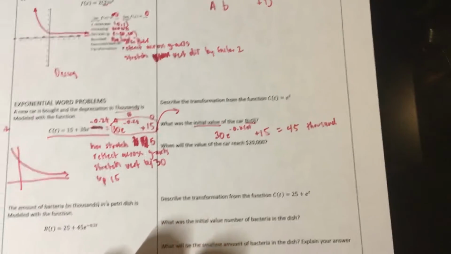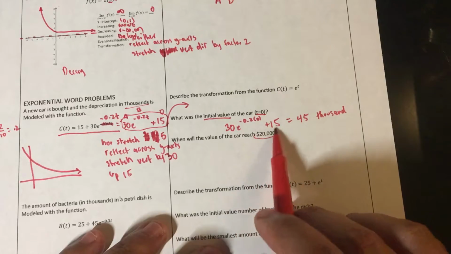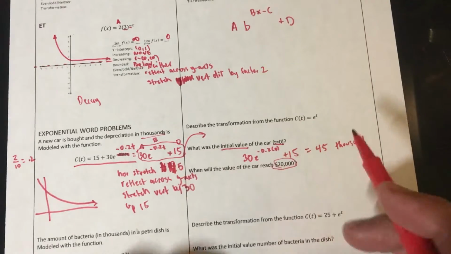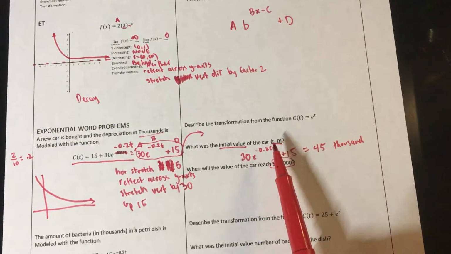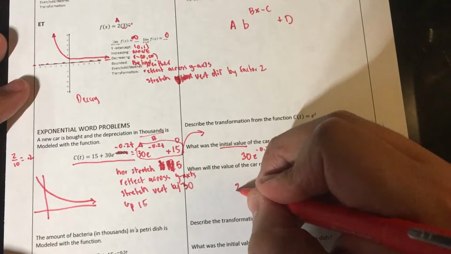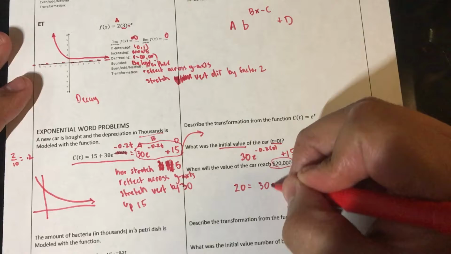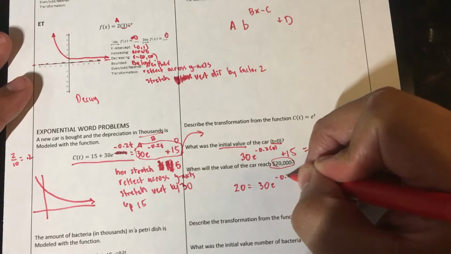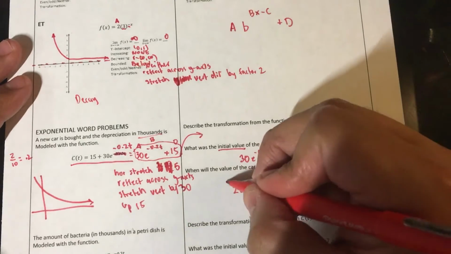Here, when will the value reach 20,000? Again, I'm dealing with thousands, and since my equation's in thousands, I'm given a price and I want to solve for time. I have an equation here, so I'm going to solve it, and I'm going to use nsolve for this.